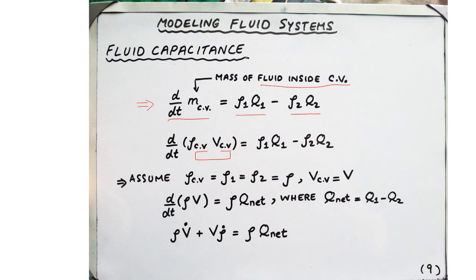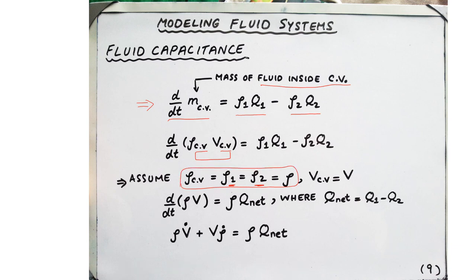If we simplify this model with an assumption that the density of the fluid remains the same throughout the system, that is, the fluid inside the control volume, at the inlet, ρ1, or the outlet, ρ2, all the fluid density is constant throughout, that is ρ. And so that's one assumption.